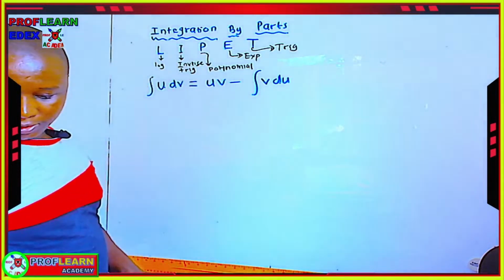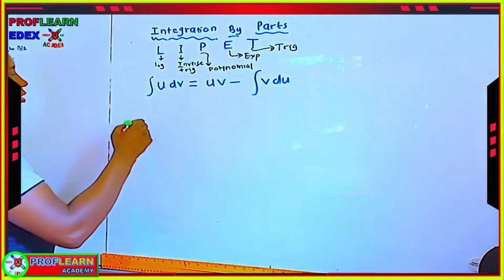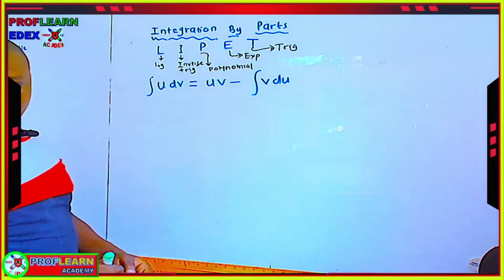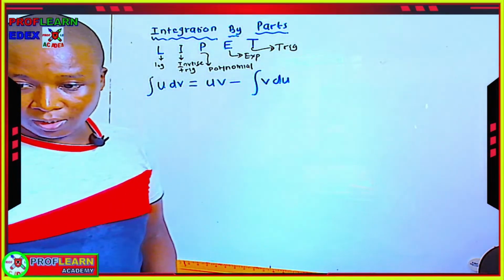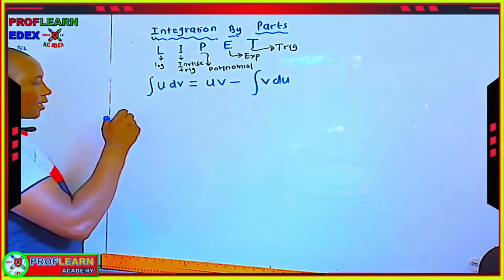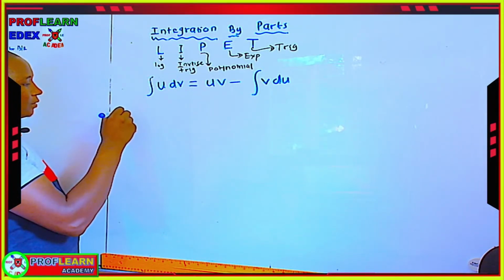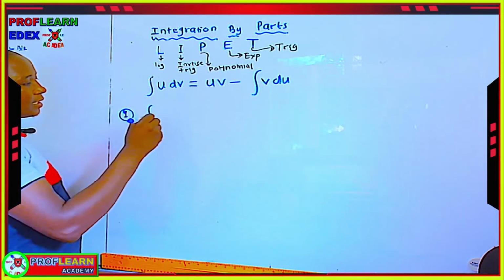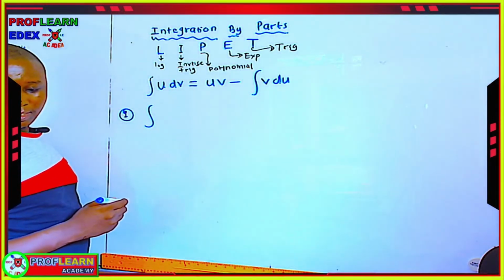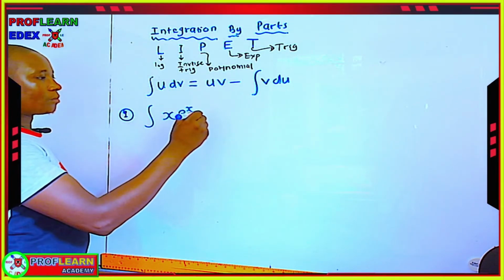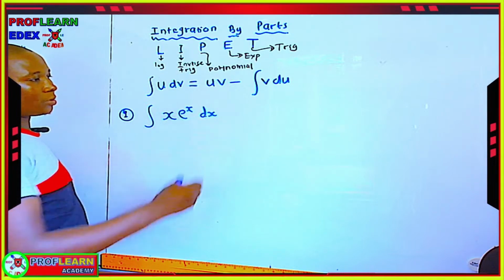So we are going to focus on two examples, some of the kind of questions that you're going to look at. Question 1 says integrate x e to the x with respect to x.